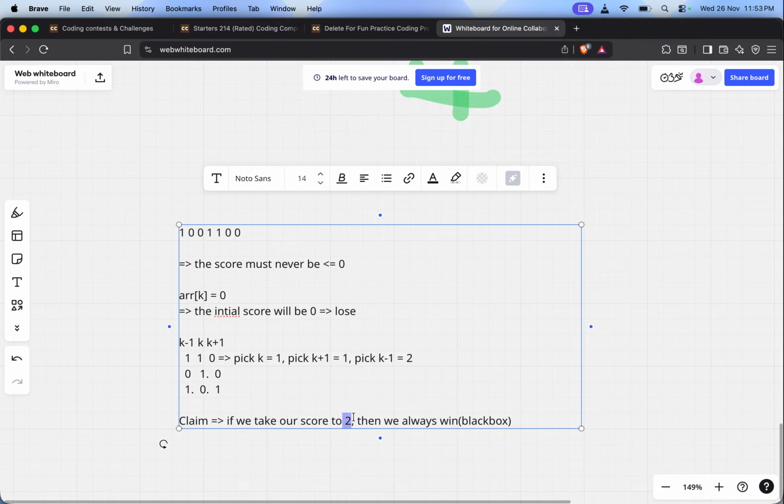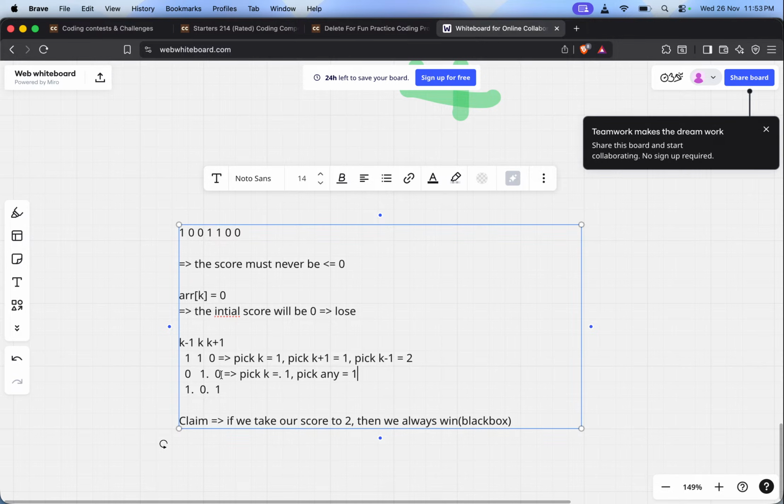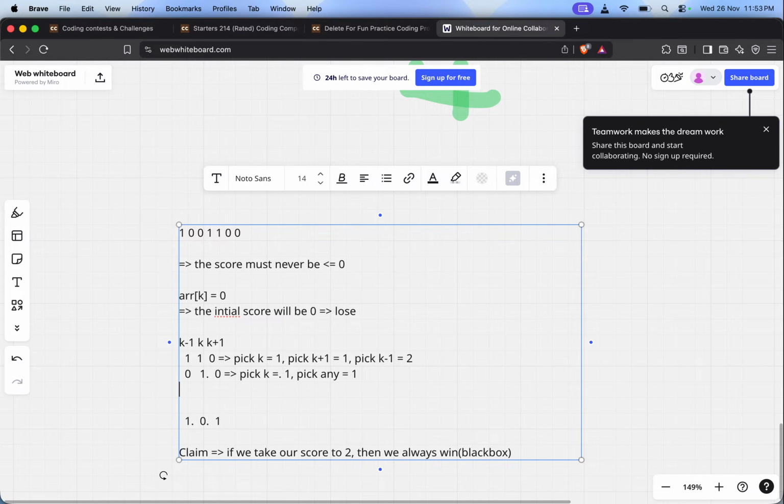Our initial aim is to make our score 2 at least. In this scenario, what happens? We pick k, score is 1. In the second step, we just pick any of the neighbors because both of them are 0. Pick any, score is still 1. Now, what are the possible scenarios after that? What are the values that will arrive?